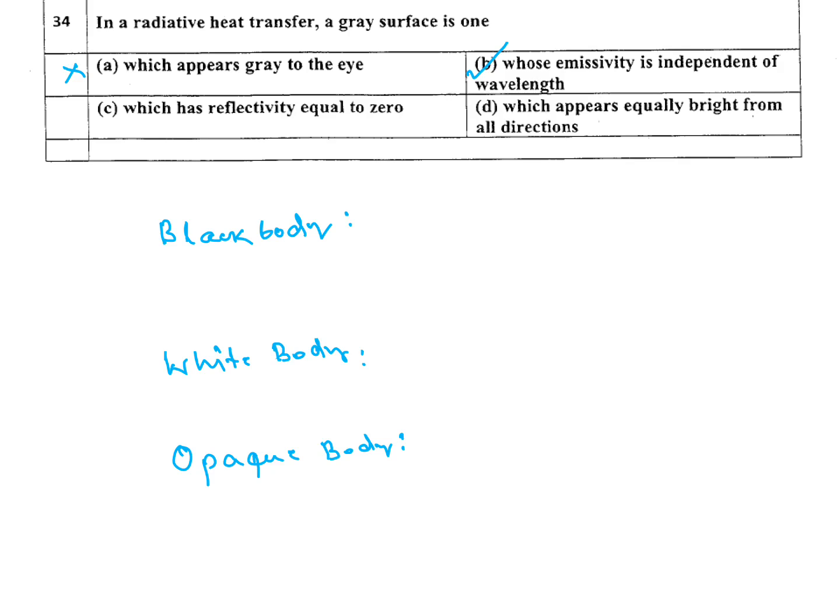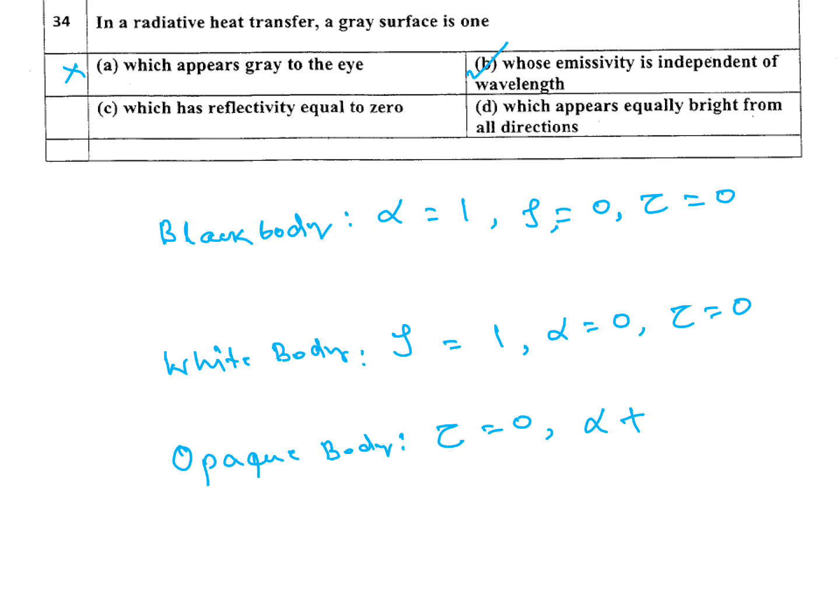In a black body, absorptivity is 1, reflectivity is 0 and transmittivity is 0. In a white body, reflectivity is 1, absorptivity is 0 and transmittivity is 0. For an opaque body, transmittivity is 0, and if you add absorptivity and reflectivity, it will be 1. All three are important.